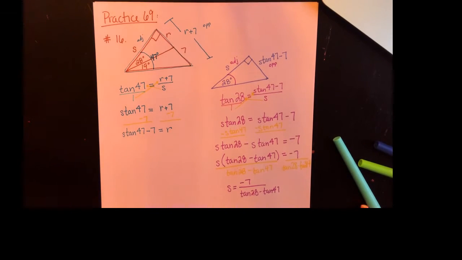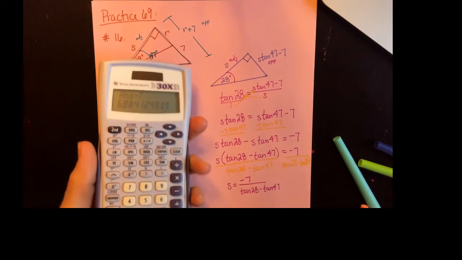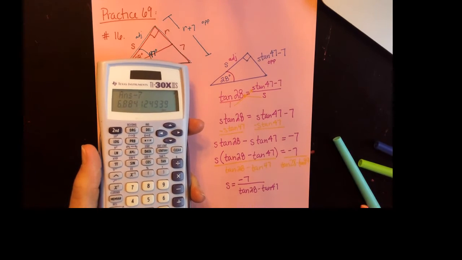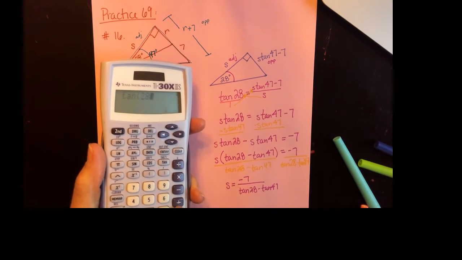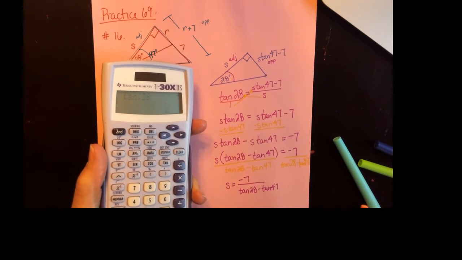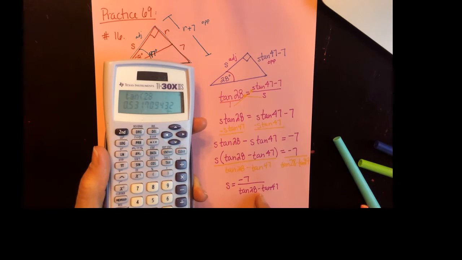So this is where now I go to my calculator, and I'm going to use that second function that helps out so much. The first thing I'm going to do is figure out what tangent 28 is. So tangent 28, enter. And that's 0.5317, bunch of stuff. Now I'm going to subtract tangent 47.